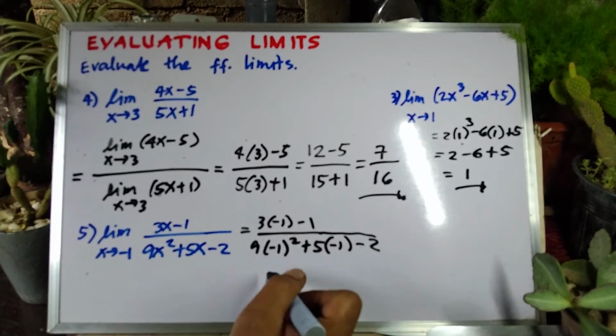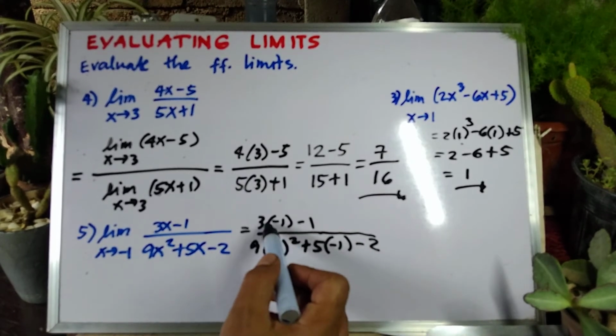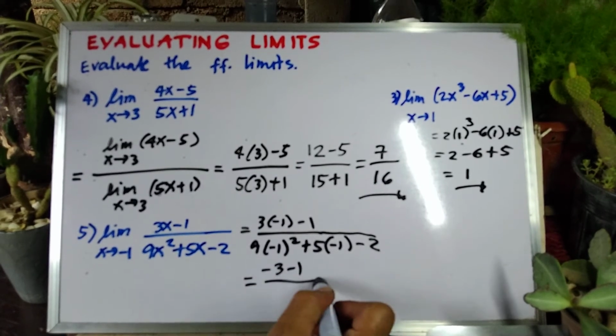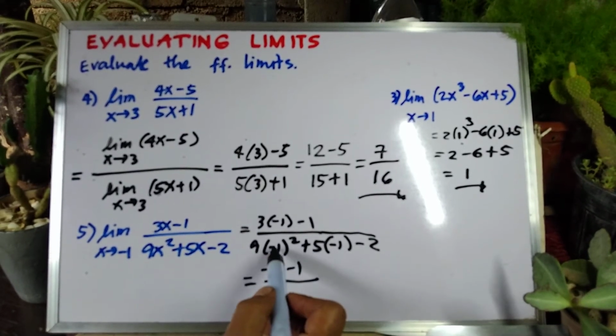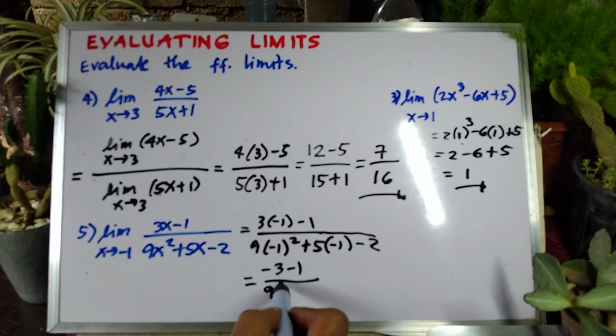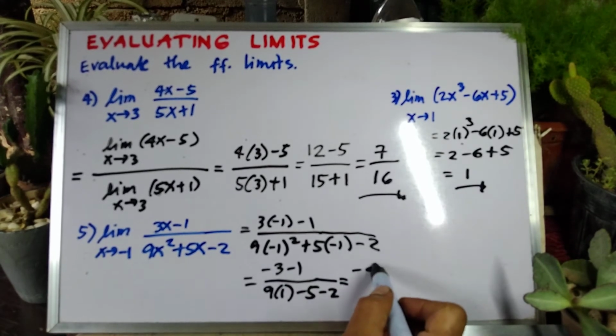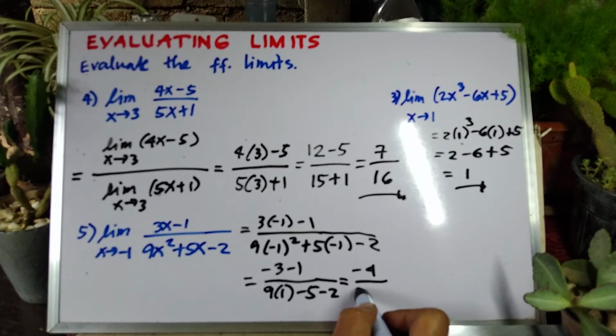So, simplify. What is 3 times negative 1? Negative 3 minus 1 over 9. Negative 1 squared is 1 minus 5 minus 2. So you have negative 4 over 9 minus 7.